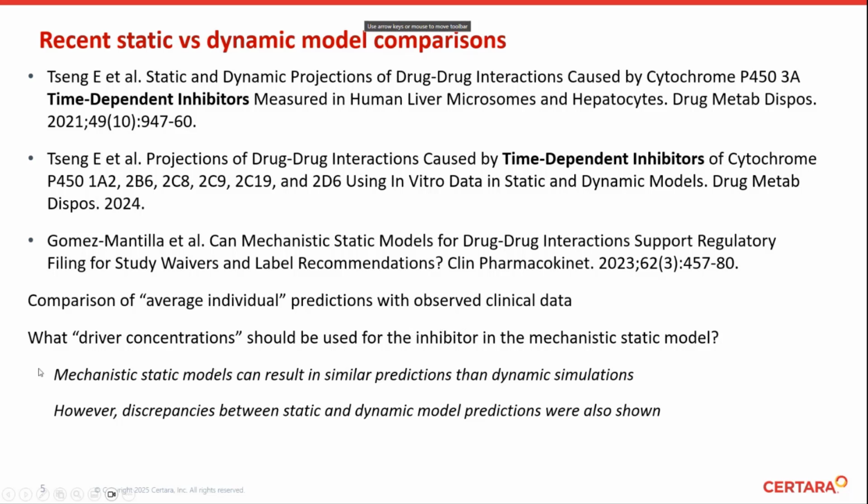And just briefly summarizing the results in all of these, in some cases, mechanistic static models for the average individual can result in similar predictions to dynamic simulations. However, in all of these, they also showed discrepancies between these models, and in general, the dynamic model predictions were able to capture the clinical data better than the mechanistic static models.